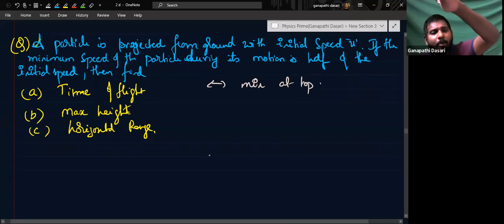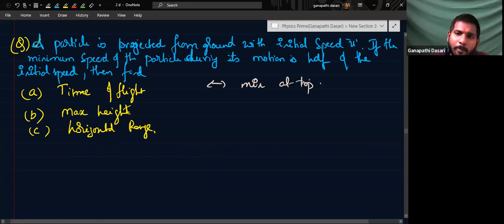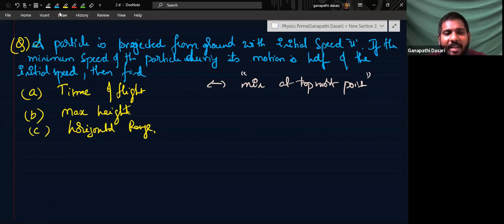So at the maximum point, kinetic will be minimum, potential will be maximum. So if kinetic is minimum, there will be minimum speed there. This is the first conclusion I conveyed with this question. If I had conveyed it in a plain statement, you might not have remembered it.